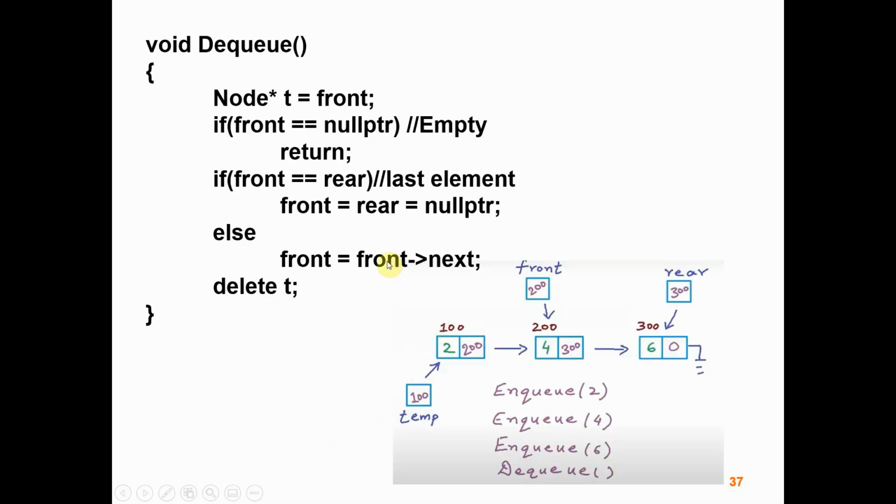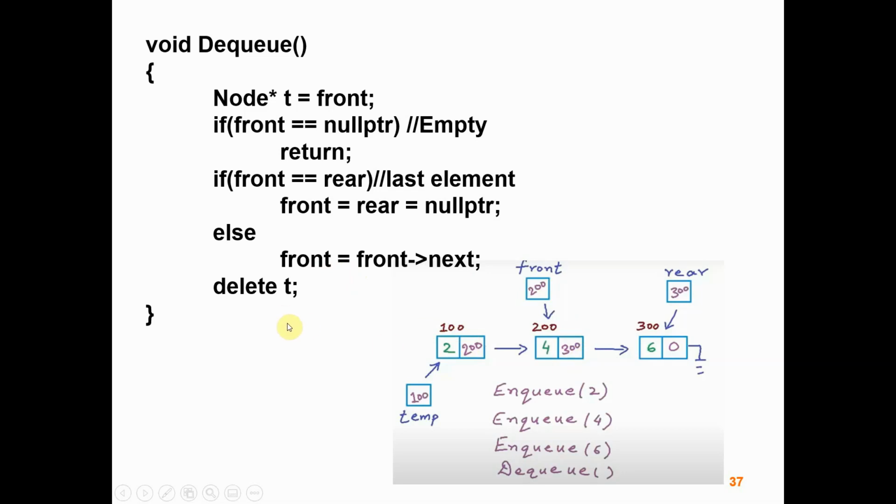The dequeue part is similar. We just have to make sure that our linked list is not empty. If it is empty, write a message, throw an exception, and return. We check if front and rear are the same. If that's the case, this is the last element in the queue, so we have to change both front and rear. Otherwise, we only need to change the front, right? Basically, make front point to the next node.